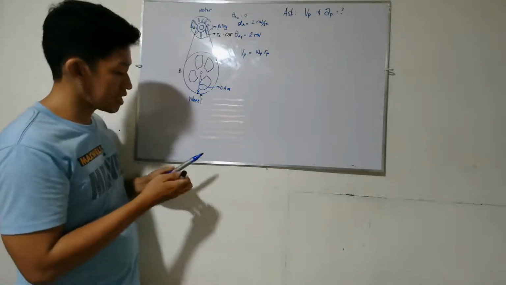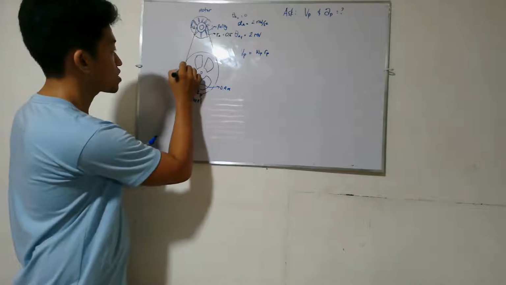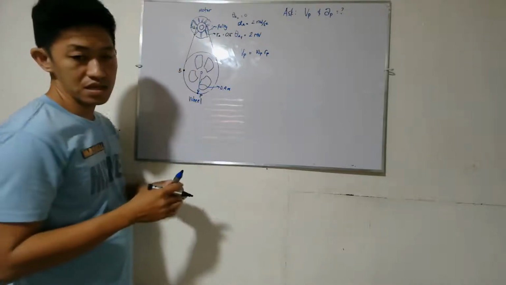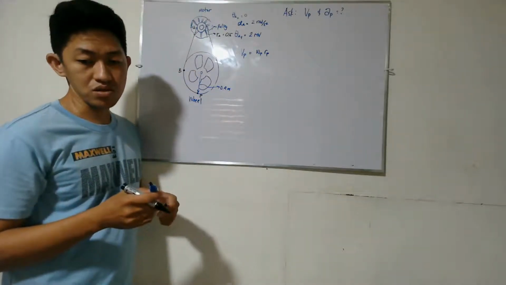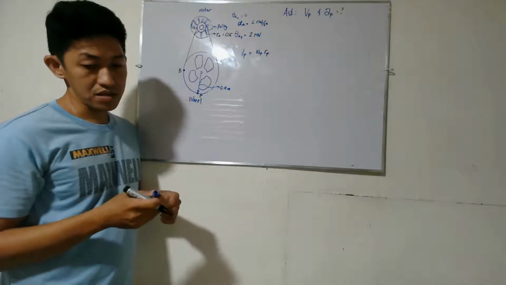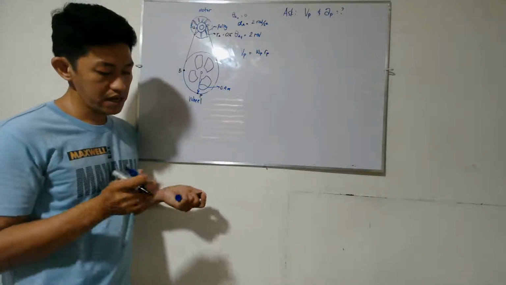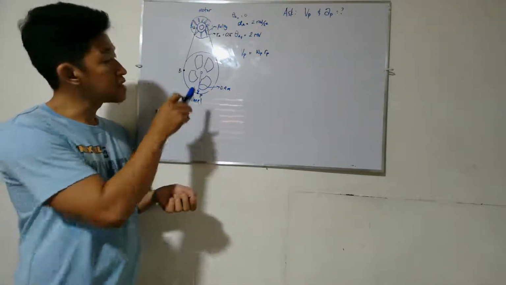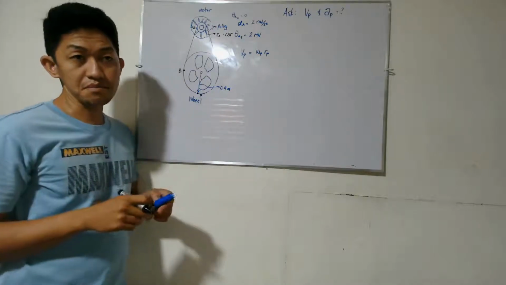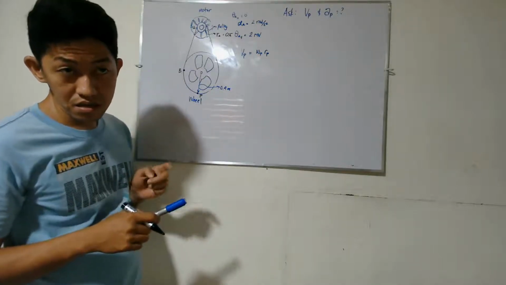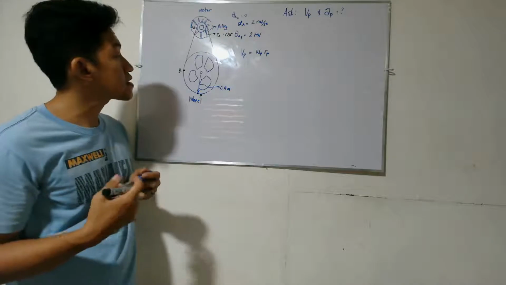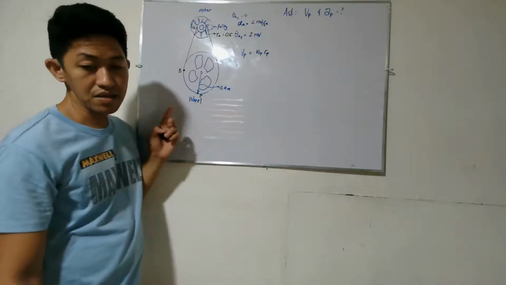Now, point P, this one, and point B, same sila radius, so same sila velocity. Okay? Kaya isa raman sila ka rigid body. Okay? And then they have the same radius.